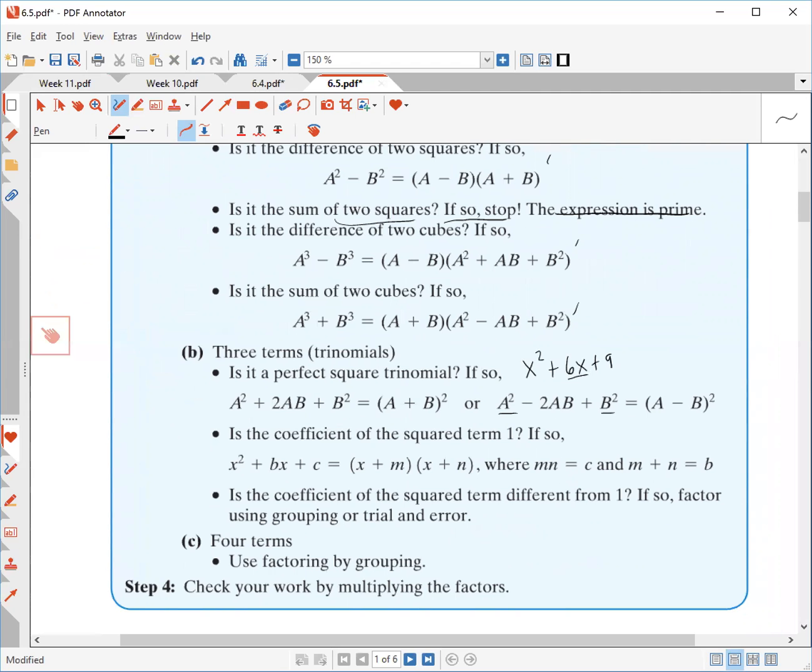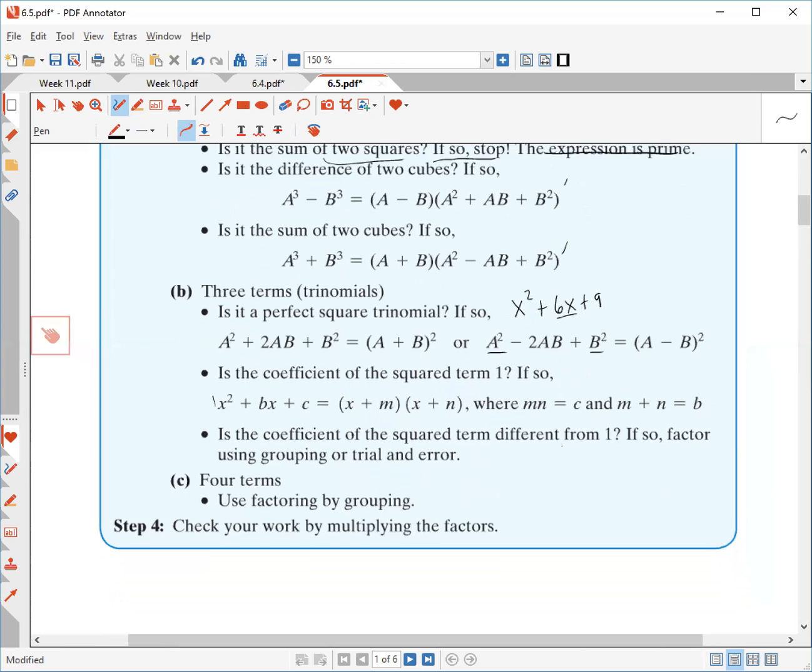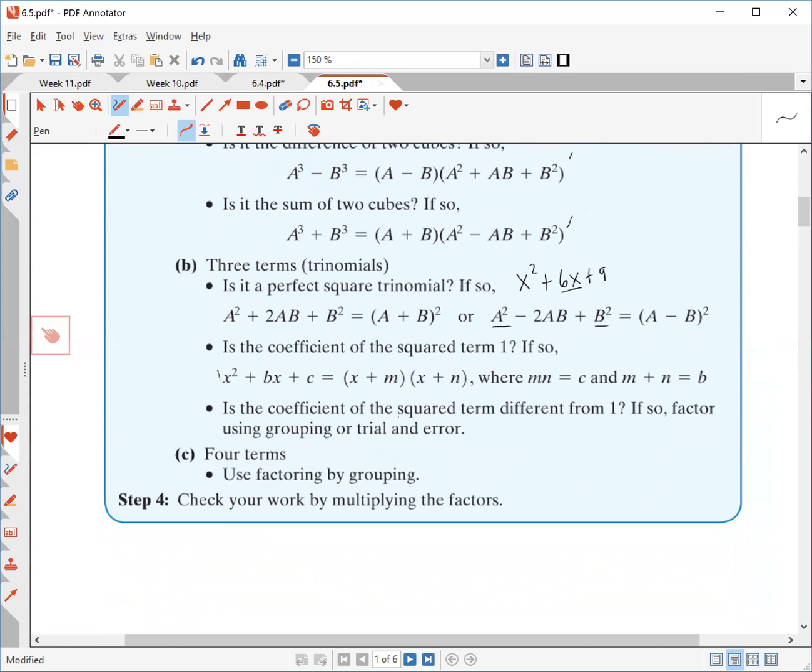If it's not, then we do the M and N method if its coefficient is 1. If it's not, then we do grouping or trial and error. So we'll look at these things now. And if it's four terms, we always use grouping. You should always then check that your factors are completely factored and then check your work.